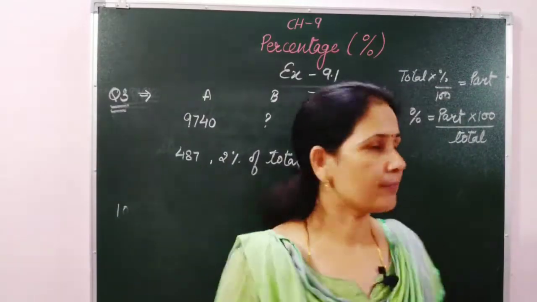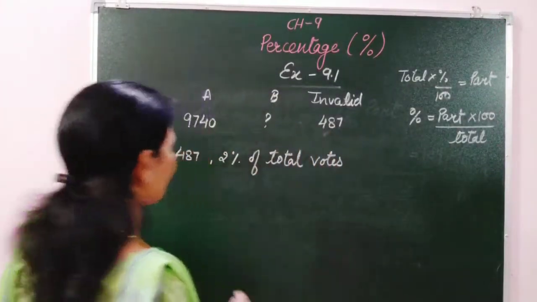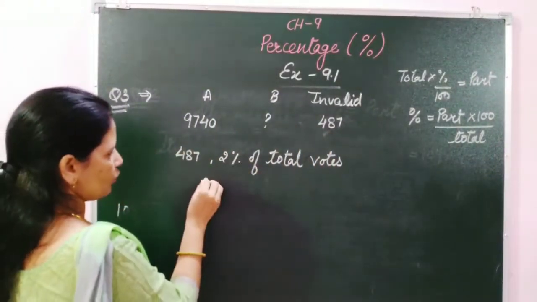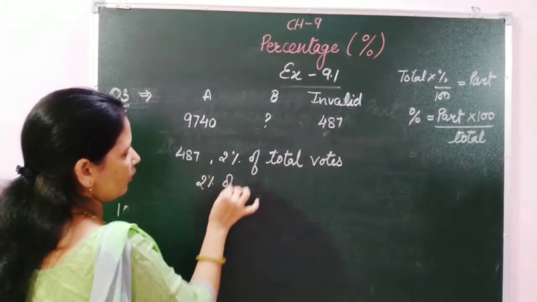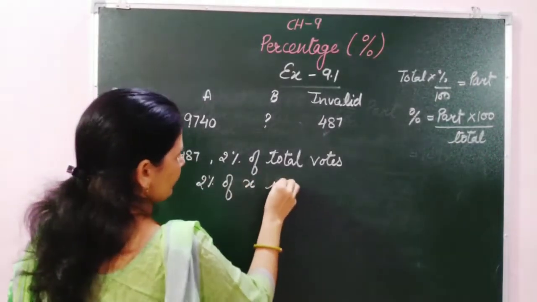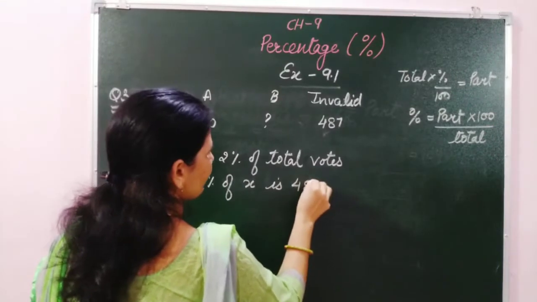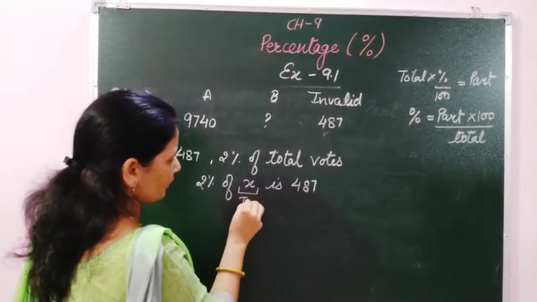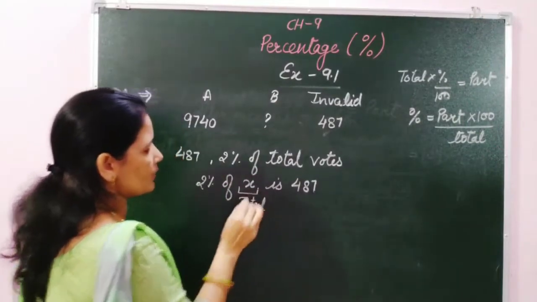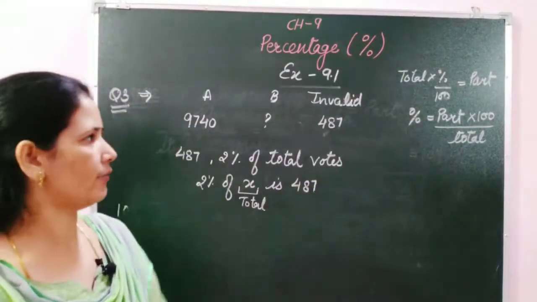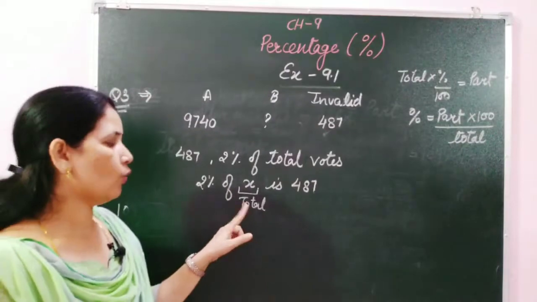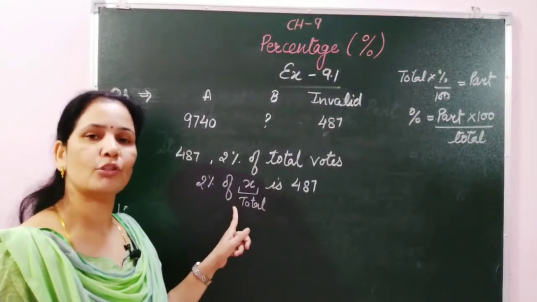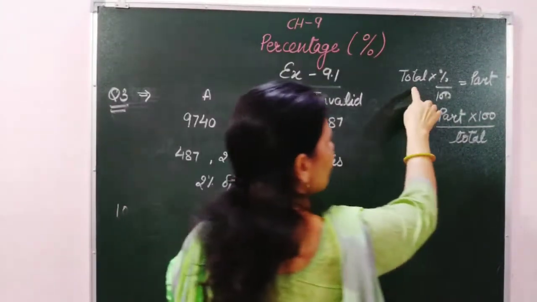So students, listen, how to frame this question. We frame it as: 2% of X is 487. Here X indicates the total. Now what do we have to find this time? The total. So same formula.